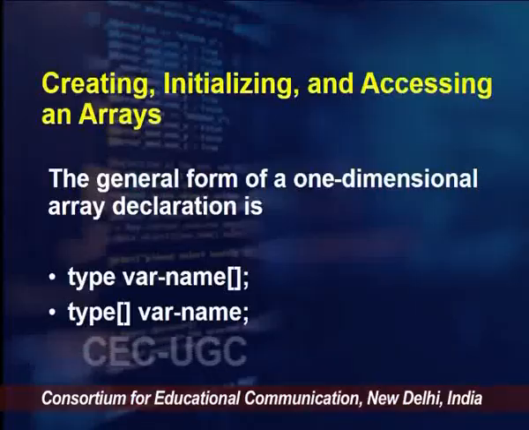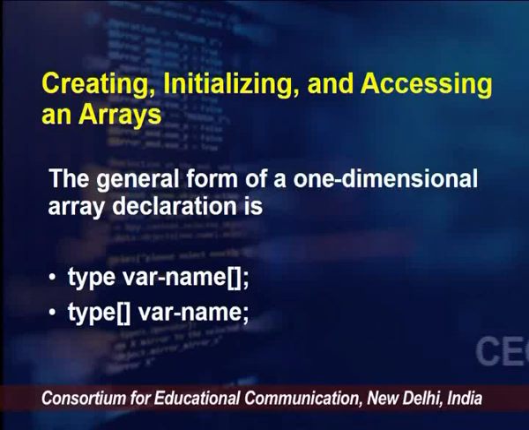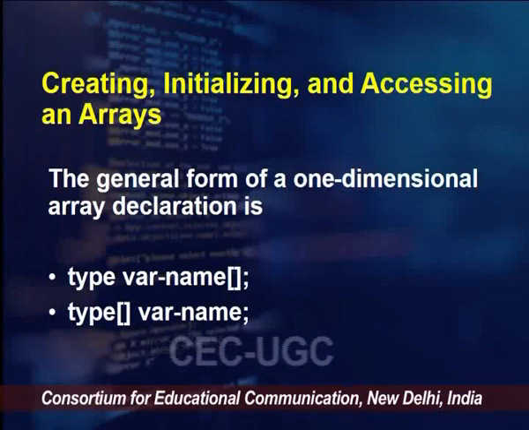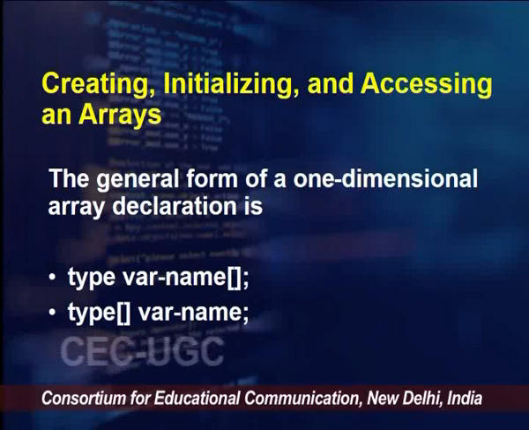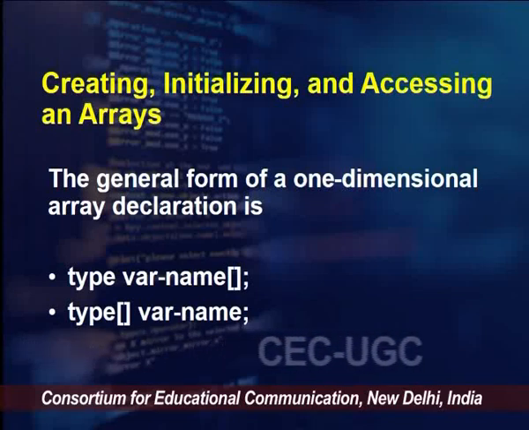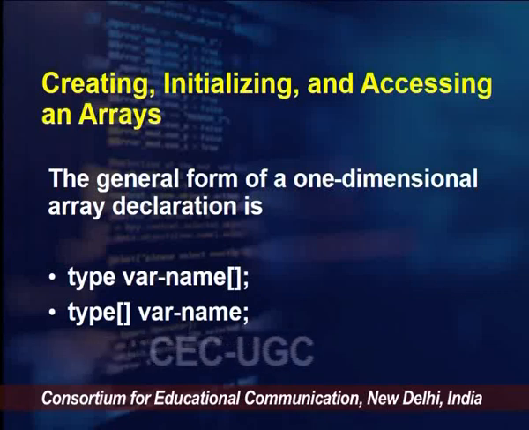Now, when I was saying that arrays in Java are actually different than arrays in C or C++, why? Because here the creation and initialization of arrays are different processes. Let's see how. The general form of one-dimensional array declaration that we have seen is int, variable name, as we have taken days, so int days followed by square brackets, or it could be int, square brackets, days. Both syntaxes for array declaration are fine.